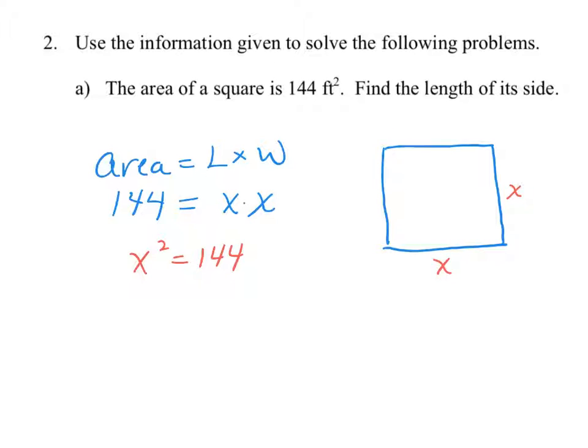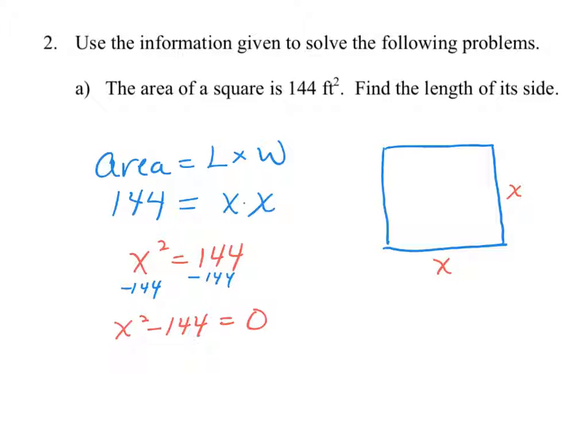Now in the previous section we talked about solving quadratic equations using the zero factor property. We want a zero in this equation, so we're going to subtract 144 from both sides. We get x squared minus 144 is equal to 0.